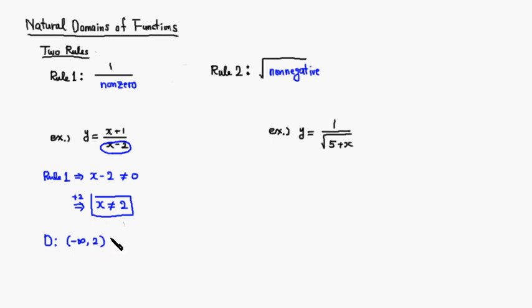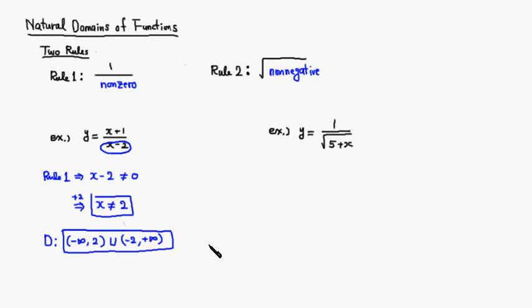And then use a union. They combine with starting from 2, but not including 2, all the way to positive infinity. This is another way to write all real numbers except 2.